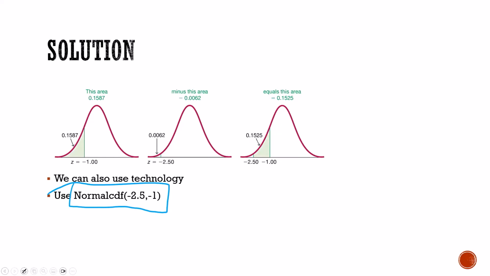Now, just like that, there are some tricks, right? Just like you have to use some tricks to get values because the table only finds area to the left, your calculator only finds the area between two vertical lines, right?